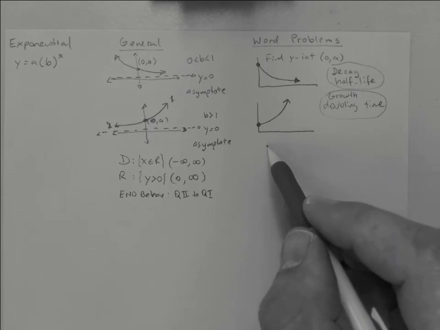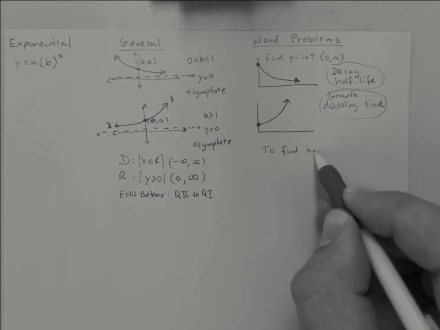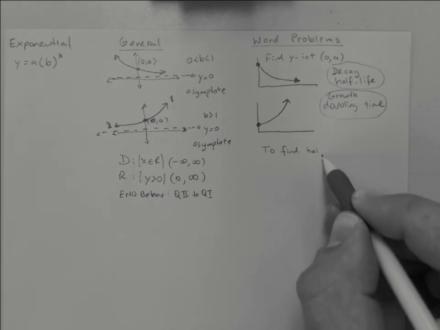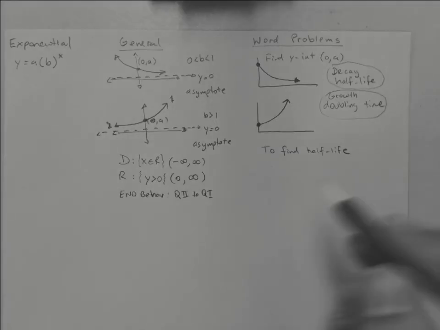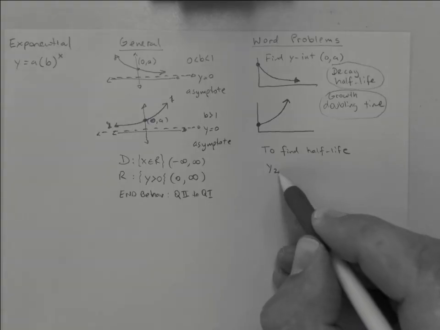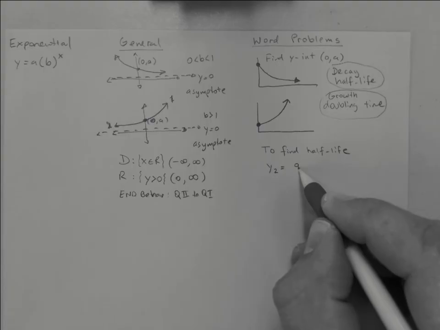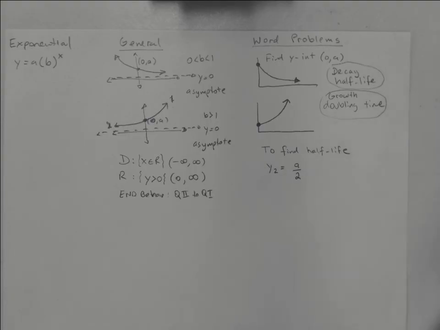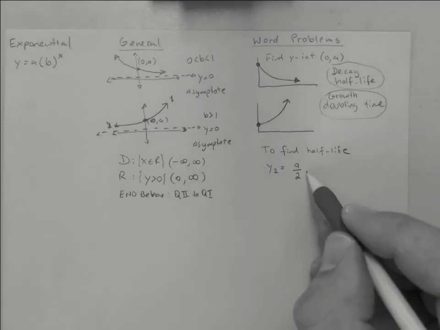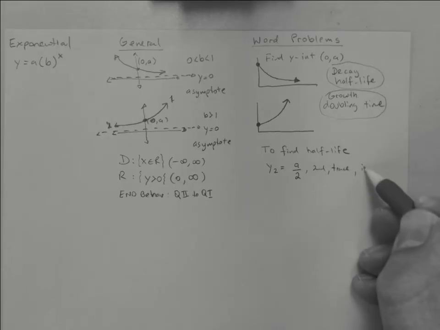What should I add here? To find half-life, y2 is equal to A divided by 2. Second trace intersect.